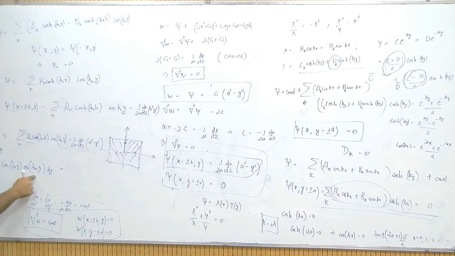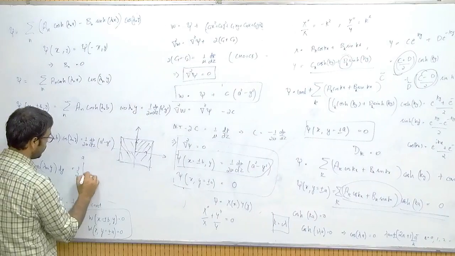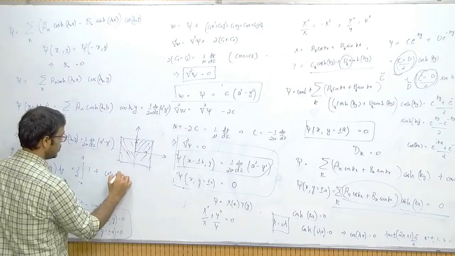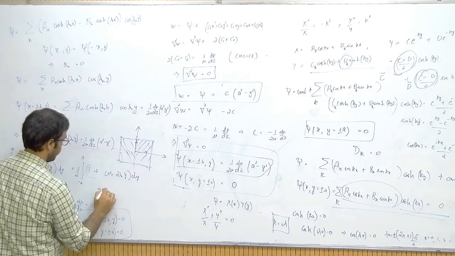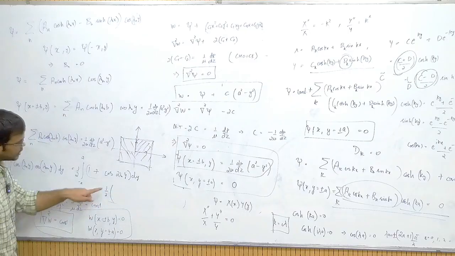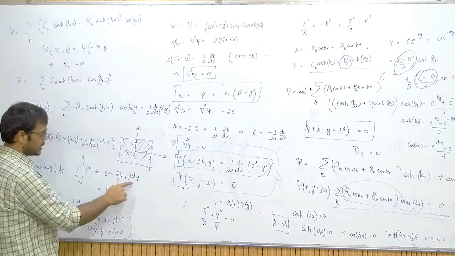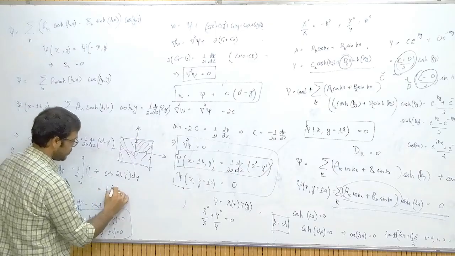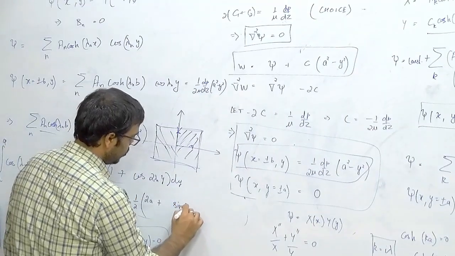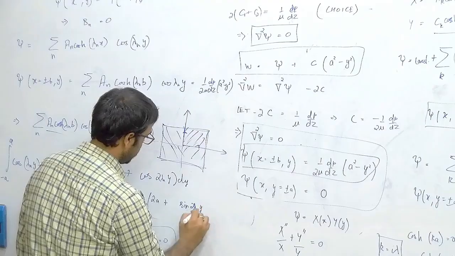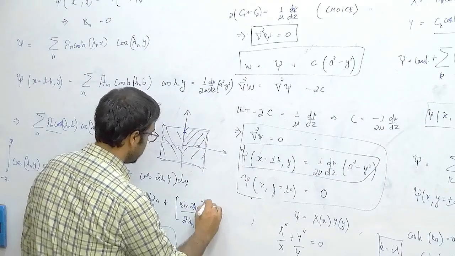When n is equal to m, this is basically the integral from minus a to a of half 1 plus cos 2 lambda n y dy. What does this integral become? This gives you 2a, and then you have this term: a sine 2 lambda n y over 2 lambda n from minus a to a.